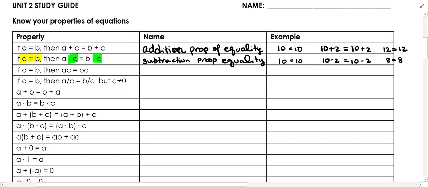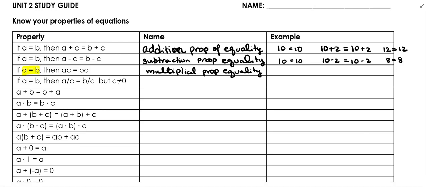This one is known as the multiplication property of equality. If you know that a number is equal to another number, like 10 equals 10, then you multiply one side by a number and the other side by the same number.